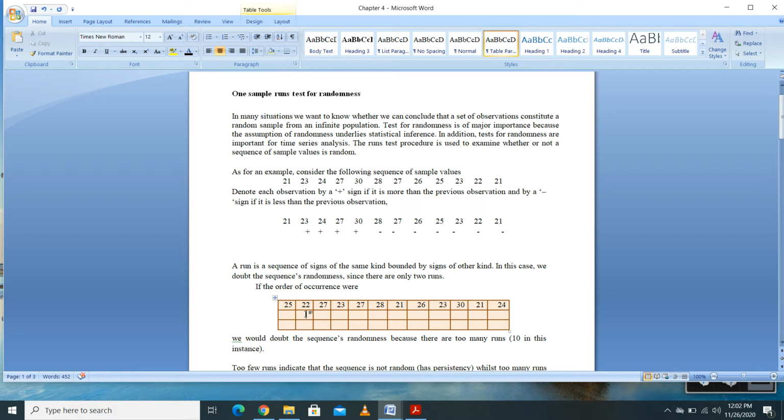Right, so I'll start from the second observation, 22, that is less than 25, so I'm going to put a minus sign. And then I have 27, which is larger than 22, so a positive sign.